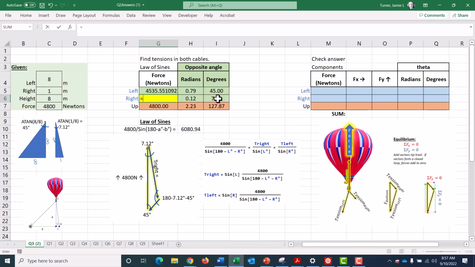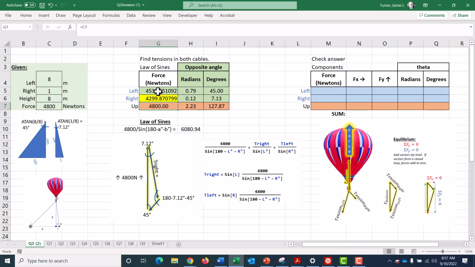And then the right is equal to this ratio times the sine on the left. Make sure you get those radians in. So it's nice to just one way or another grab some cell and figure out the ratio.